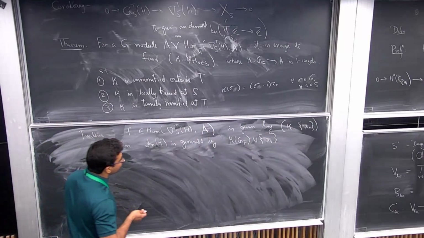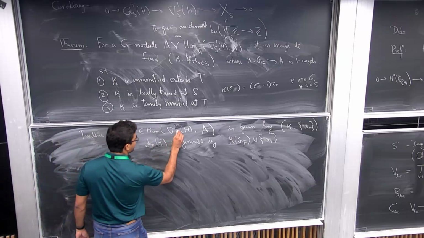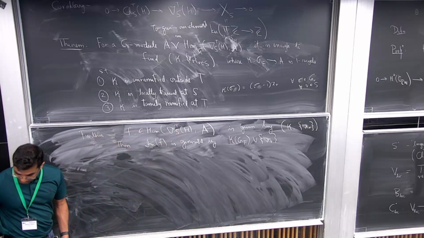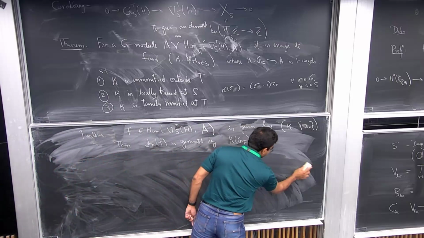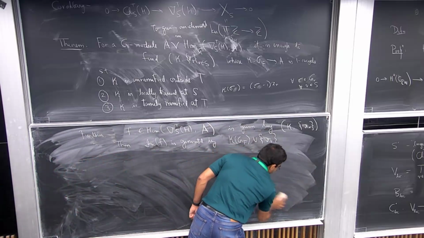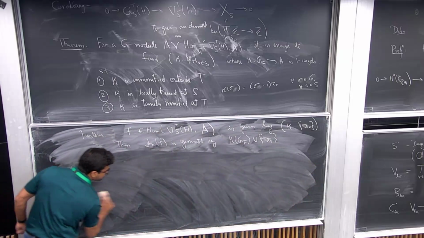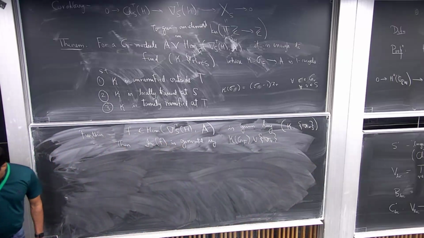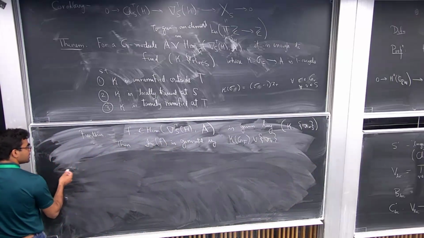It's not going to be very illuminating, at least not the way in which I can explain. You just have to unwind the definitions, but it takes a while to do. Okay, I'll not say anything about the proof of this, but the upshot of all this is the following.